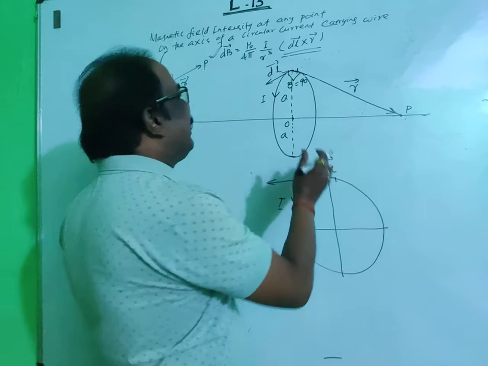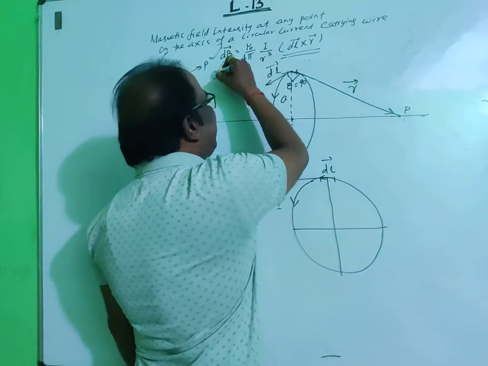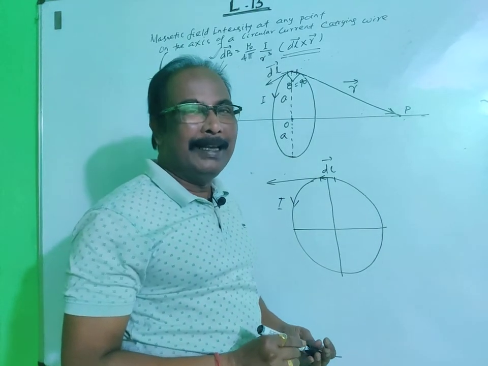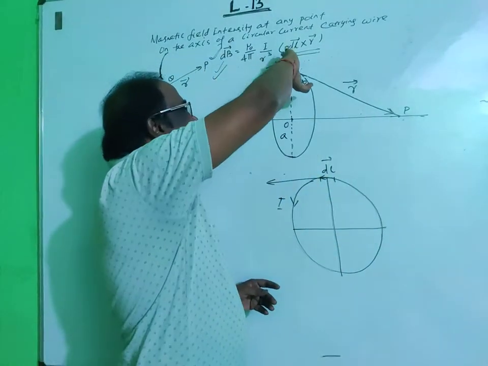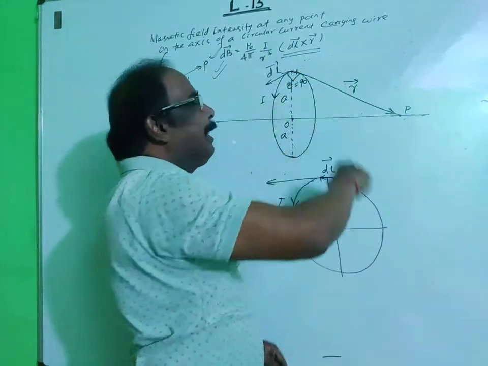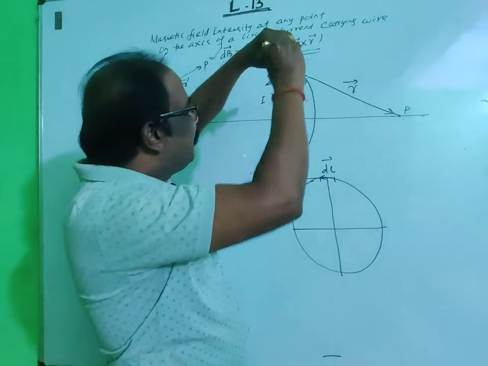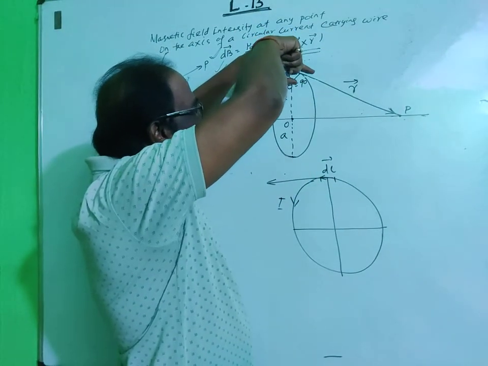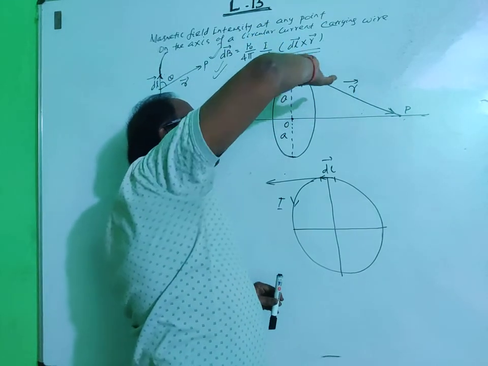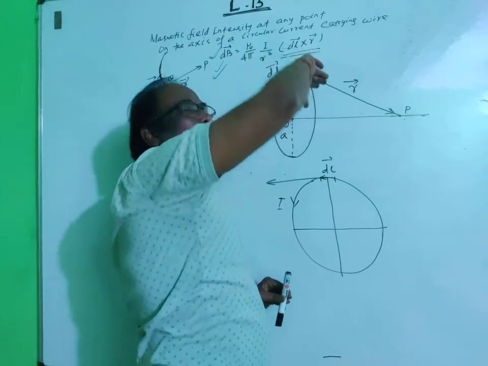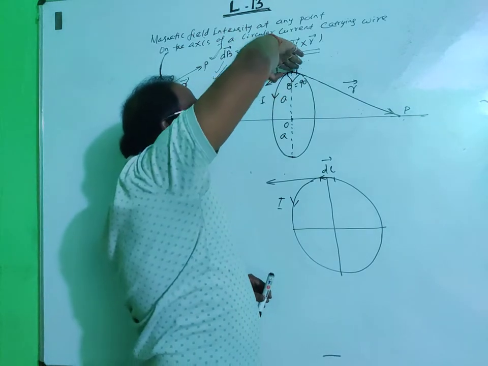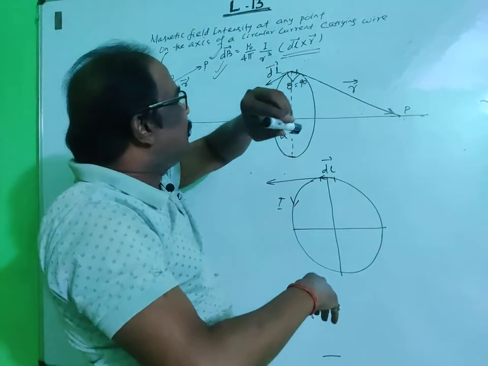Then what is the direction of dB, meaning the magnetic field at point P? The direction of dB is along dl cross R. dl is inwards and R is perpendicular to dl. So for dl cross R, just imagine a three-dimensional view.